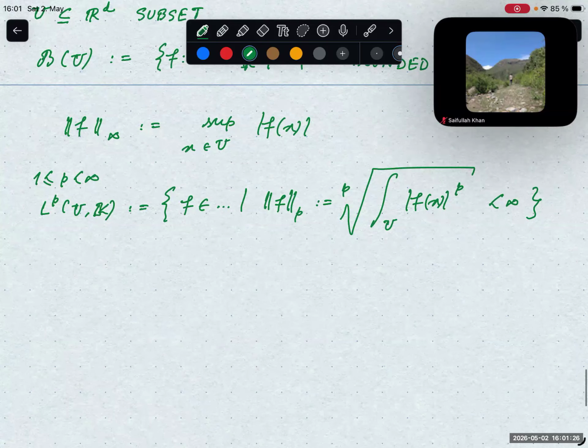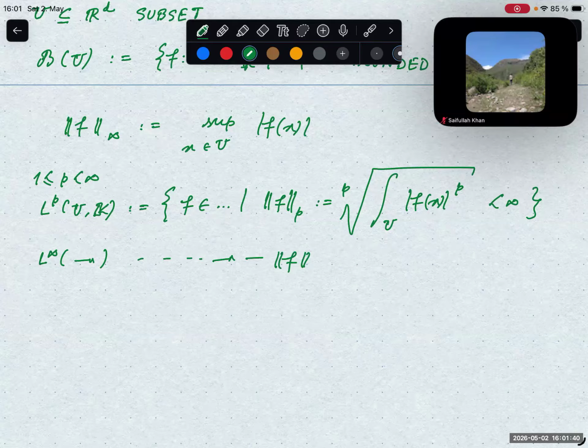Now naturally you will ask, how about L infinity? Similarly, we now define the supremum norm. But this is a bit more subtle, because we need a more refined notion of supremum norm.